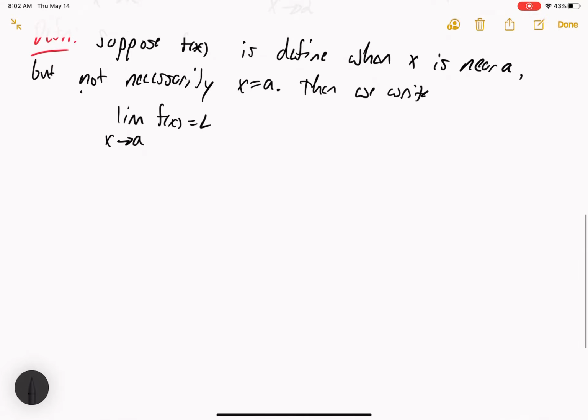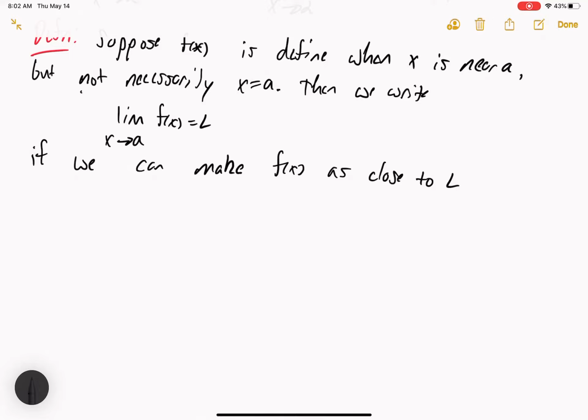So now we're just going to generalize that. We take the limit of f of x as x goes to a is equal to L if we can make f of x as close to L as we want.